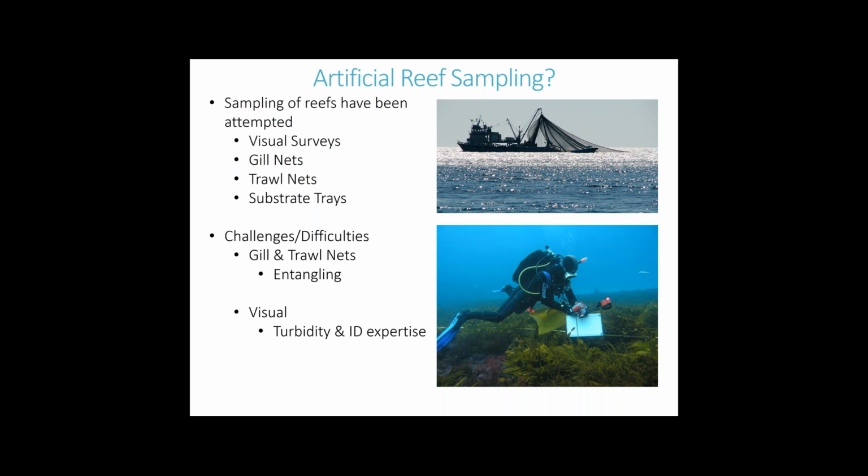Is it visually clear enough for someone to really detect what species are there? Clearly, you're going to miss things, particularly non-game fishes. And then substrate trays, they focus on benthic species. So you're missing the pelagic species that would be on and around the artificial reef. So until recently, there's really no good way to assess artificial reef fishes.